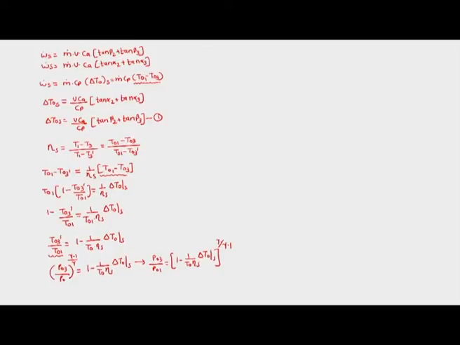There are two parameters which one should know while working with the turbine. The first parameter is called the blade loading coefficient, and it is denoted by psi. Its expression is stage work divided by half u square.